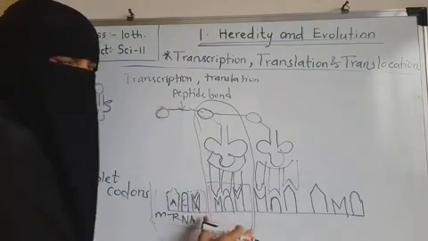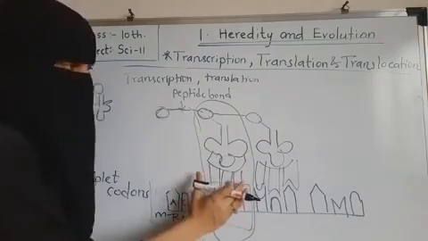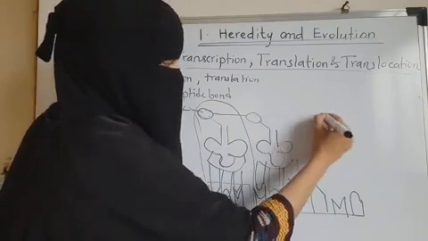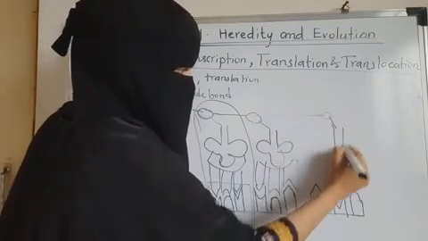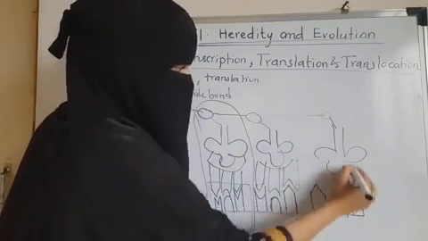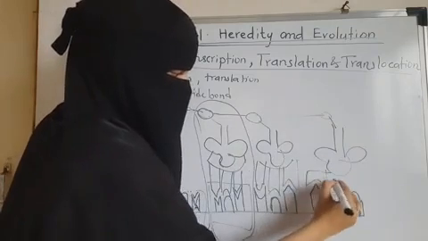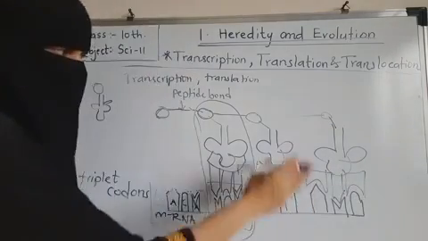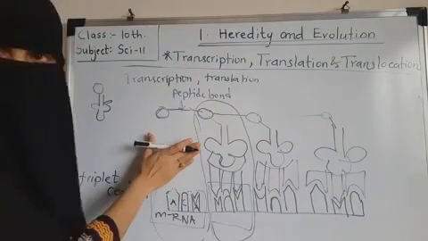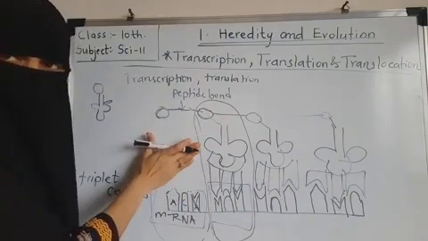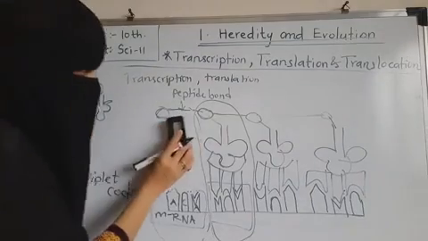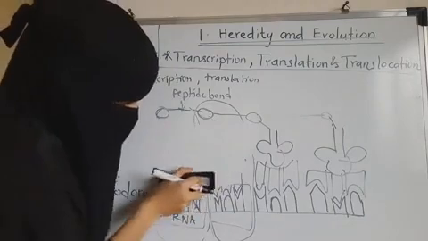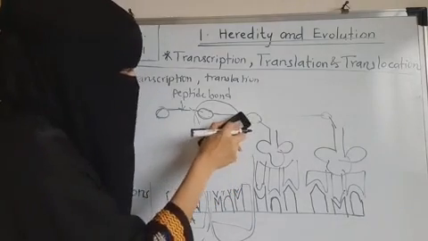When the fourth one comes here, again the complementary anticodon will get attached to it, and the work of this transfer RNA will finish. So this will also get detached, right?